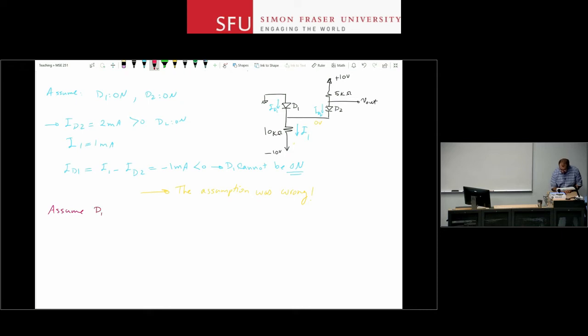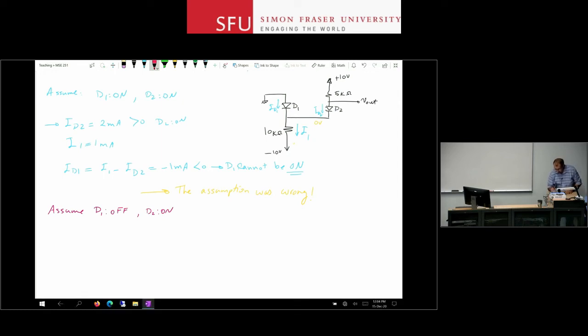So let's just assume that D1 is off and D2 is on, right? I learned something from that calculation. The assumption was wrong, the circuit is not going to be like that, but it looks like between the two diodes, it was D1 that was unhappy. So I changed D1 to an off diode.